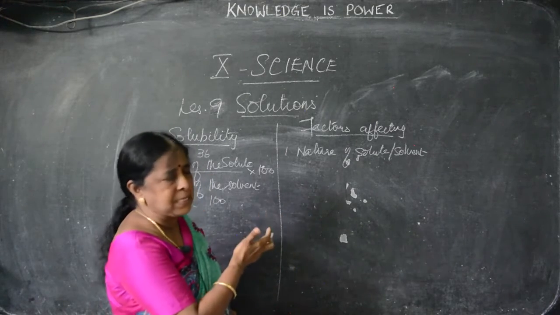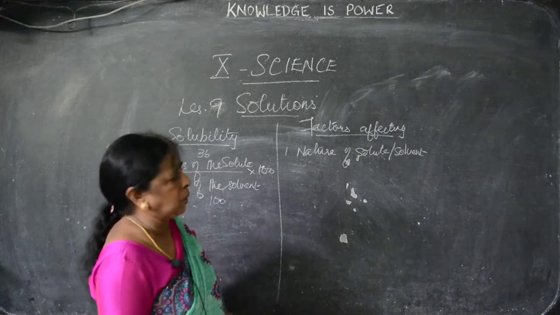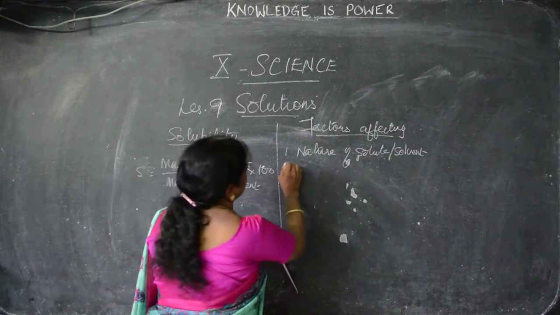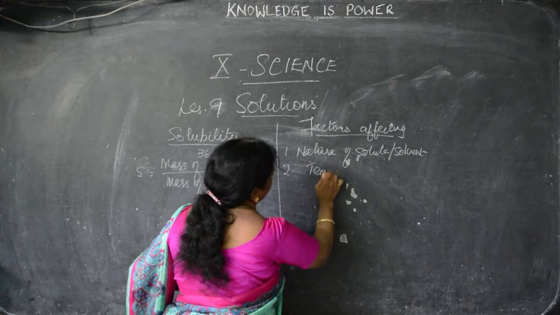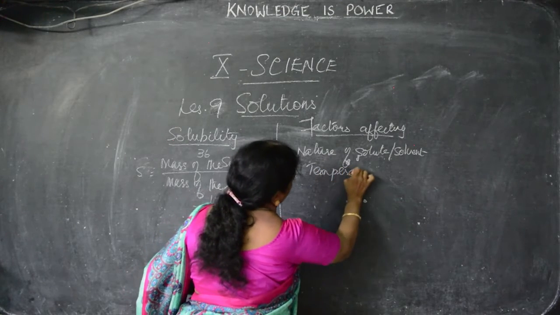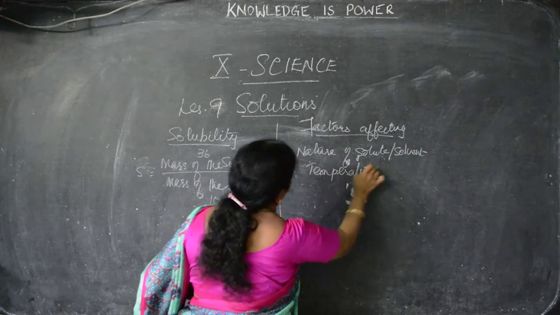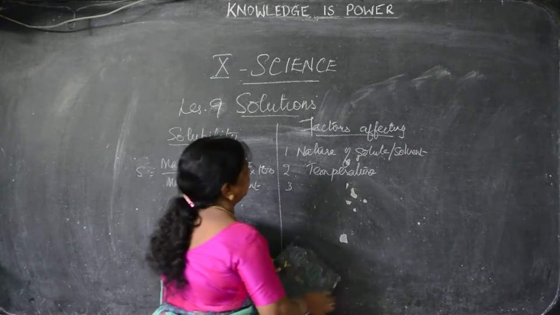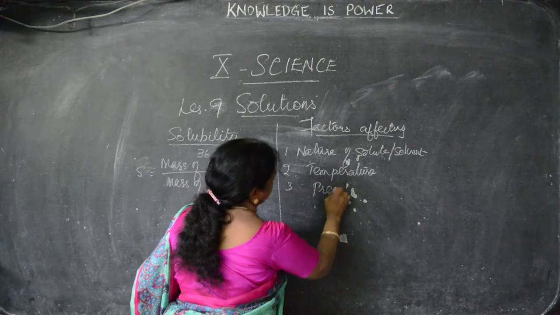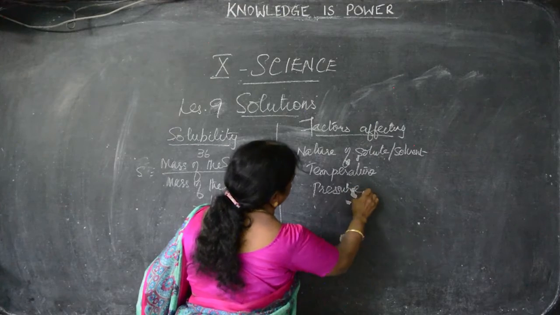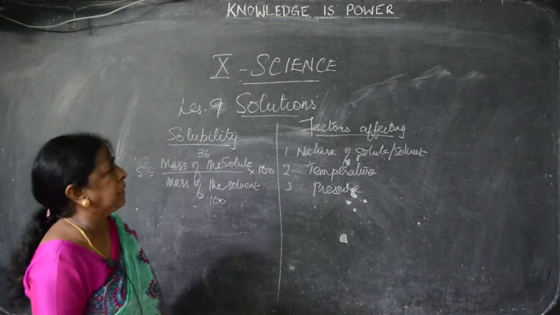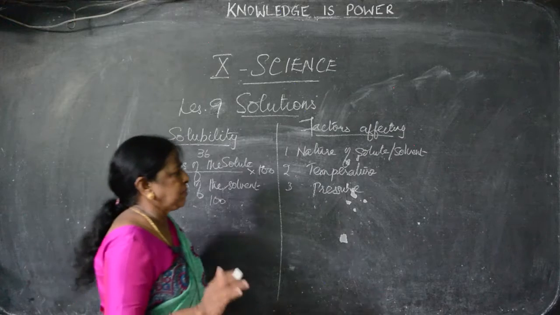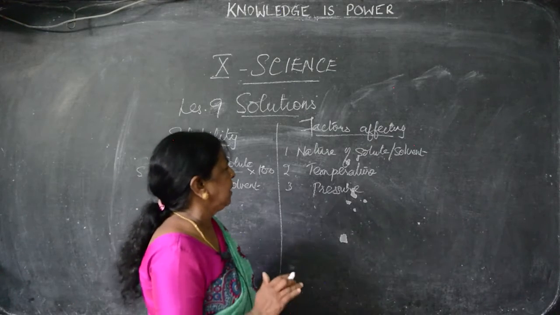Solute is the lesser amount; solvent, you have to take more amount. Next one, temperature. And the third one is pressure. These three are the factors which affect the solubility: nature of the solute and solvent, temperature and pressure.